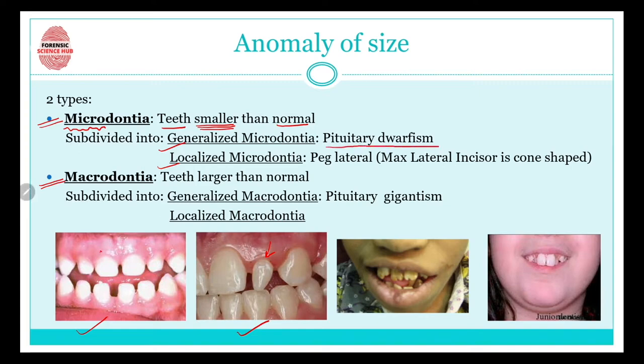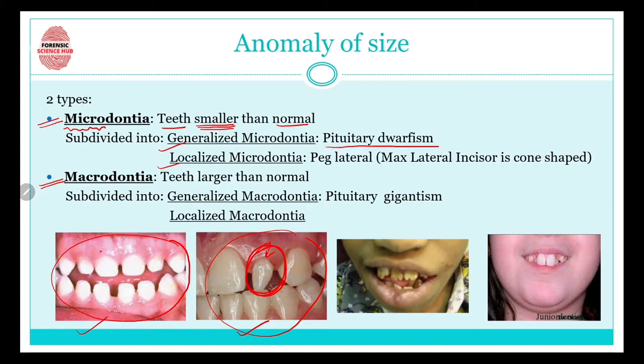Whereas localized microdontia means only certain teeth are going to be smaller in size. If you look at this picture here, only this particular tooth is smaller in size, right? So this is an example of localized microdontia, whereas in this one all the teeth are smaller than the normal one. So this is generalized microdontia.